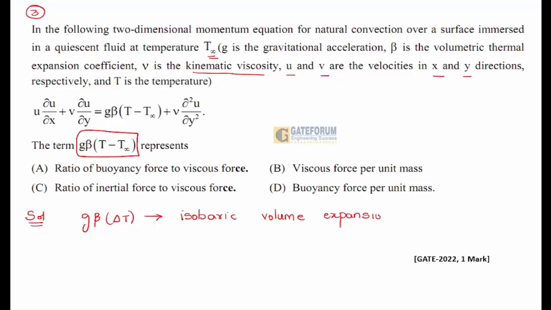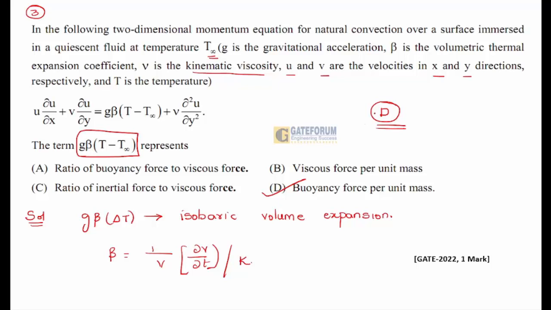We write this beta as 1 by V ∂V by ∂T, right? Where g beta delta T signifies buoyancy force which arises due to change in density. That will be buoyancy force per unit mass, option D. Buoyancy force per unit mass will be the appropriate right answer for the given question.